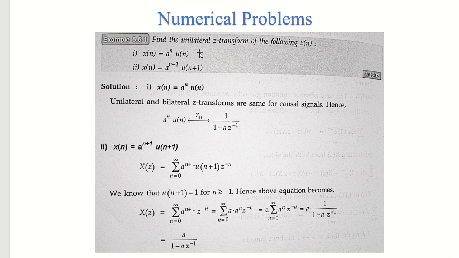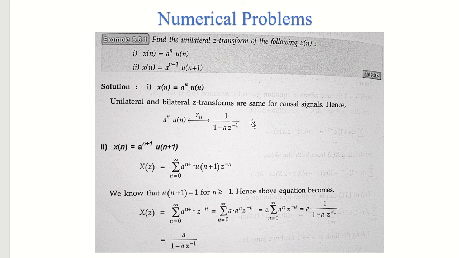So this will be a causal signal u of n, and based on that you can say the unilateral z transform and bilateral z transform for this x of n will be the same. And we all know, based on the property, you can write a raised to n into u of n. Z transform of this term will be equal to 1 divided by 1 minus a into z inverse.